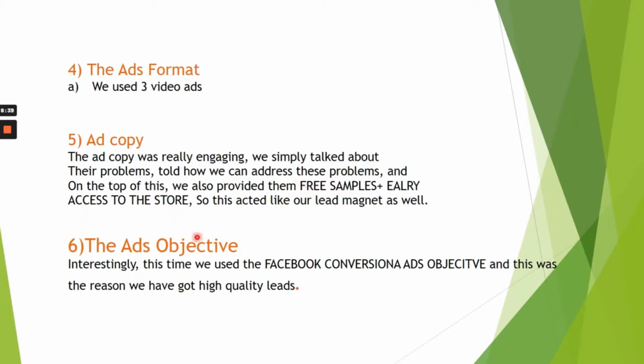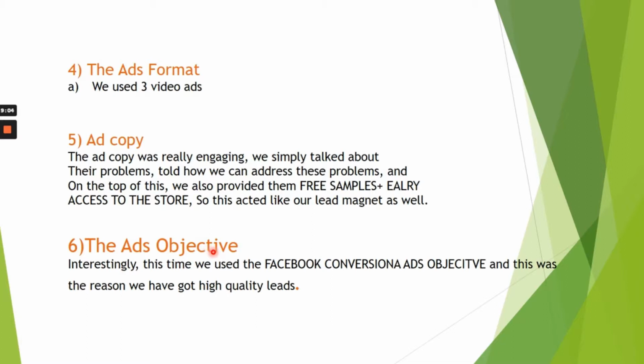Now, the last part of this case study is, of course, the ads objective. Like I stated at the start of this tutorial, being an agency owner, when I audit my clients' accounts, I've found that most of them use the Facebook ads objective in the wrong place with the wrong goals.